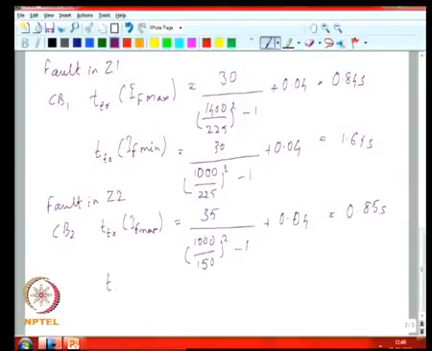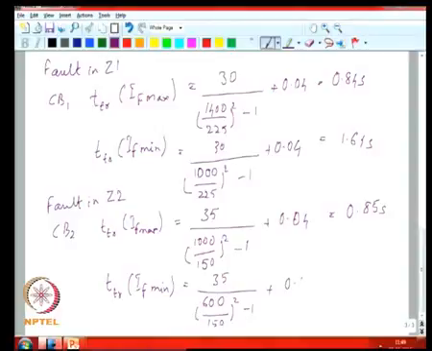If you look at your trip time at IF min, the IF min is 600 amps. So at 1000 amps circuit breaker 2 trips in 85 milliseconds, and at 600 amps it trips in 2.4 seconds.